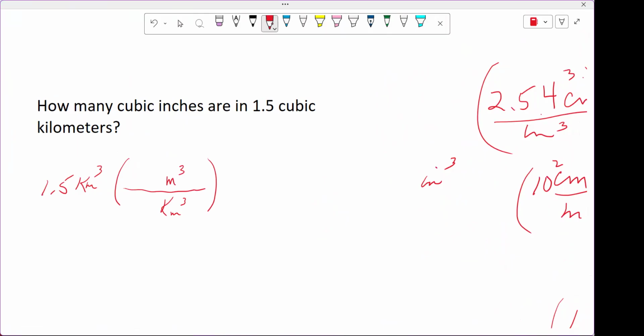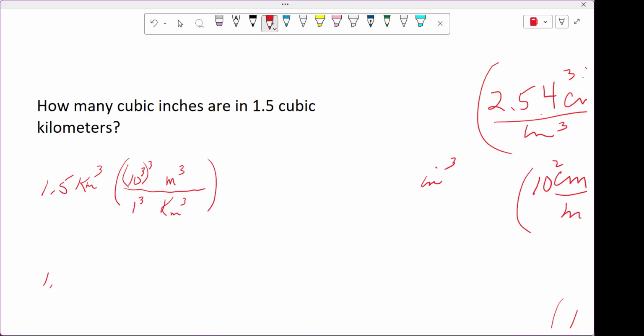Now there are 1,000 meters in a kilometer, and then this would be cubed. So 10 cubed is 10 to the 9th.